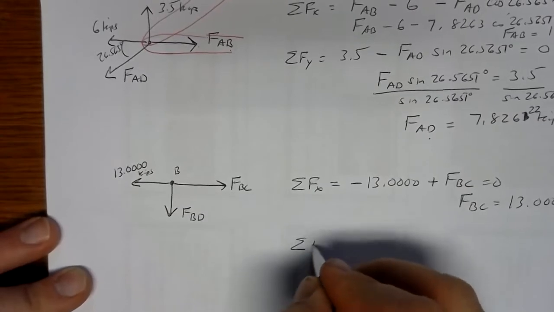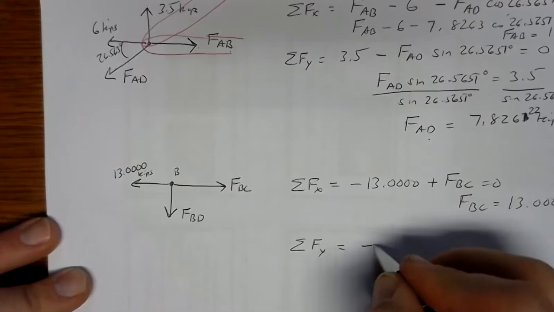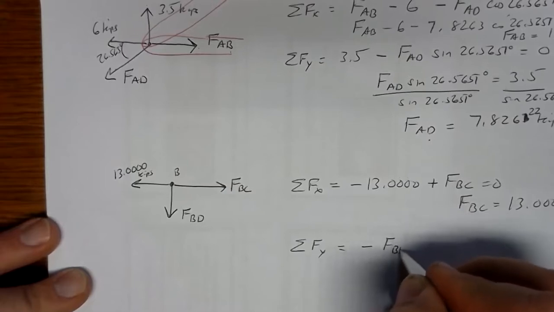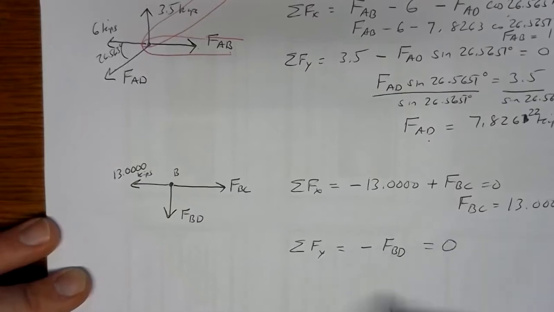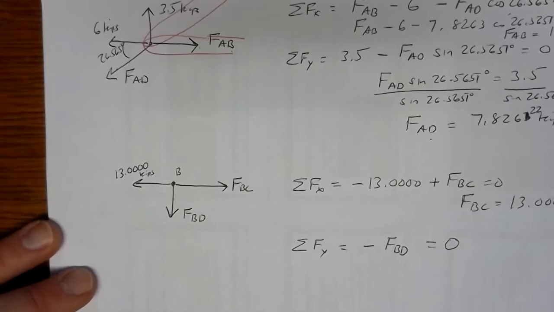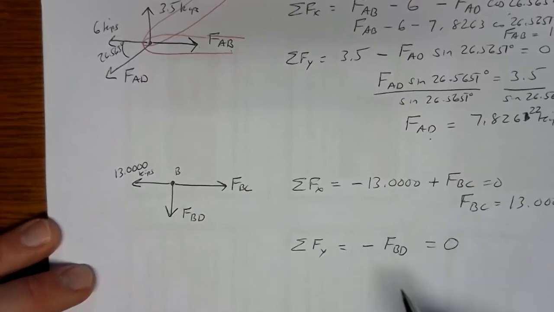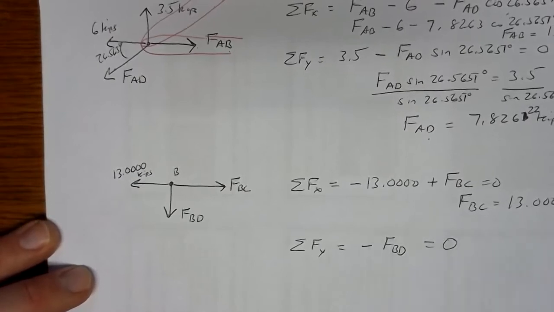What about the y direction equation? Sum of forces in the y direction, we've got nothing up and we've got member BD's force down. Well, this is equilibrium, so whatever that sum is, no matter how simple that sum comes out to be, even if it's only one term, the sum is 0. Well, the only way FBD can satisfy this equation is if it's 0 too.